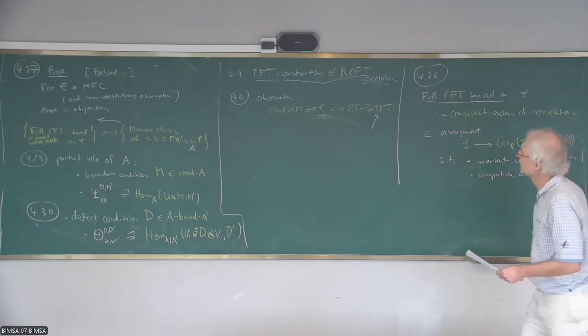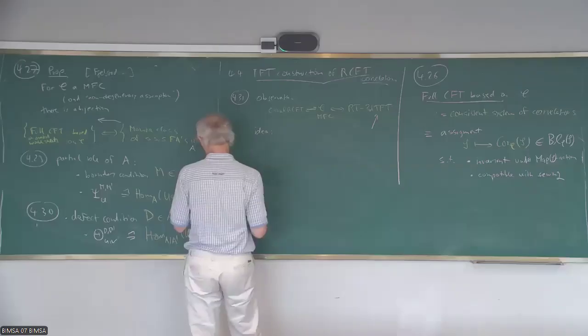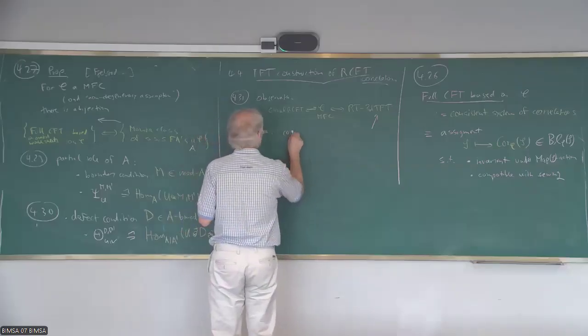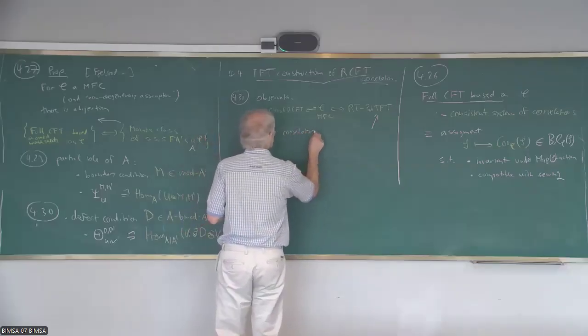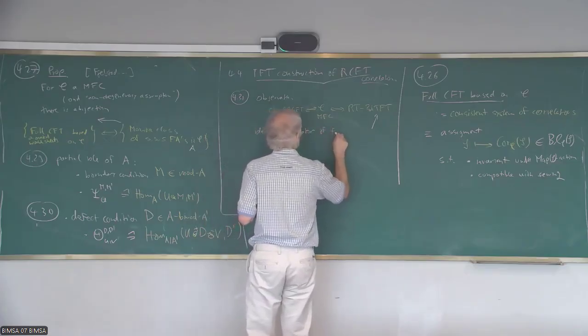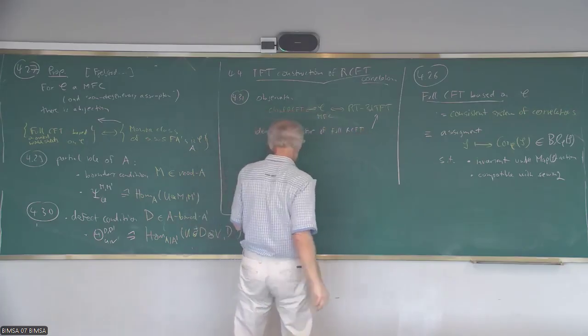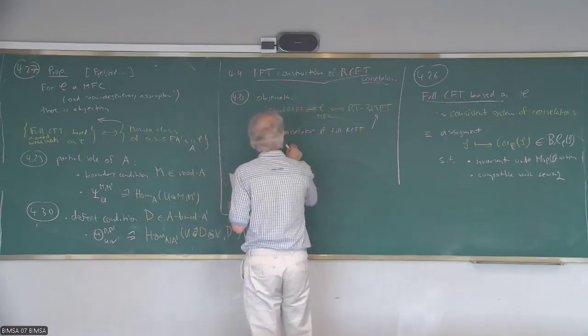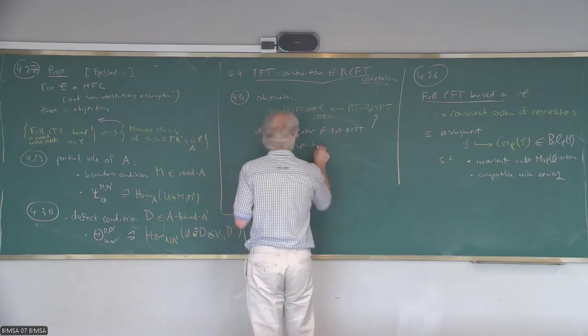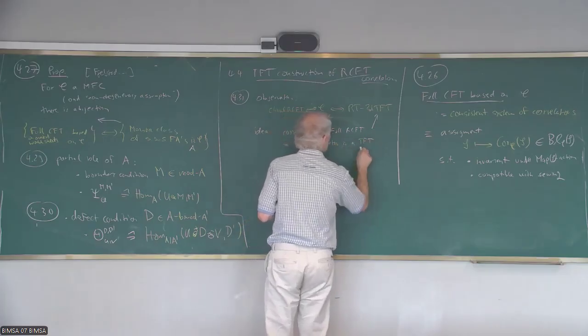And the idea is now to think of a correlator of the full RCFT for a given modular fusion category C as a specific vector in a TFT state space.